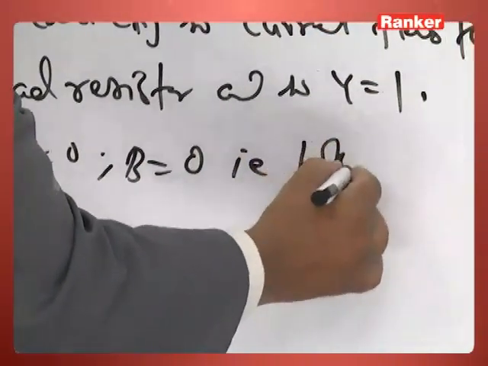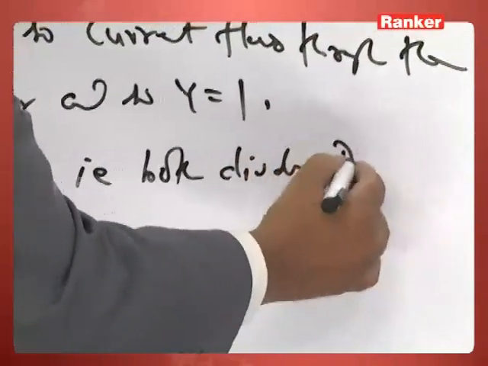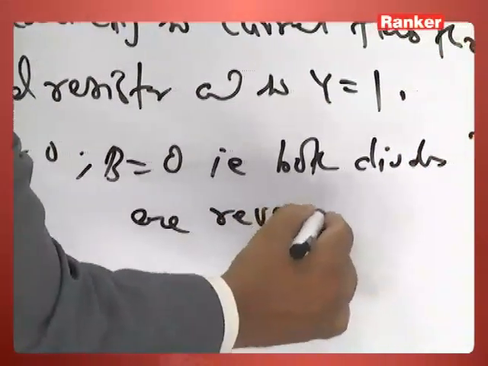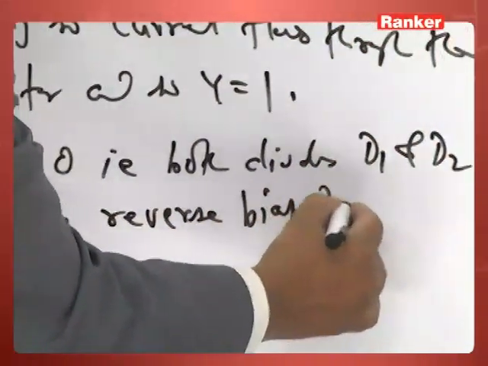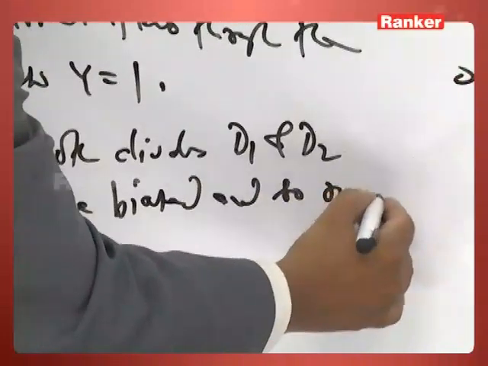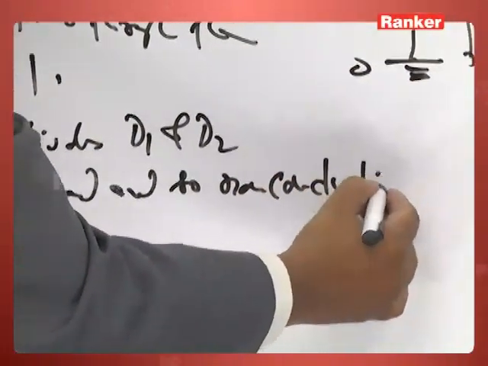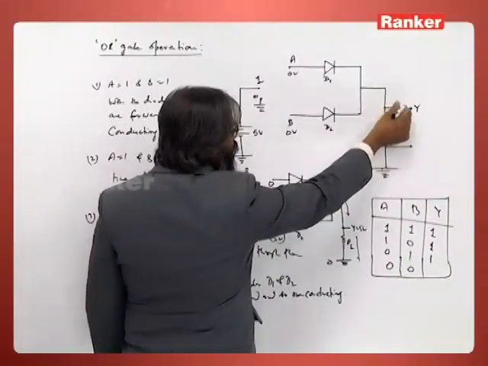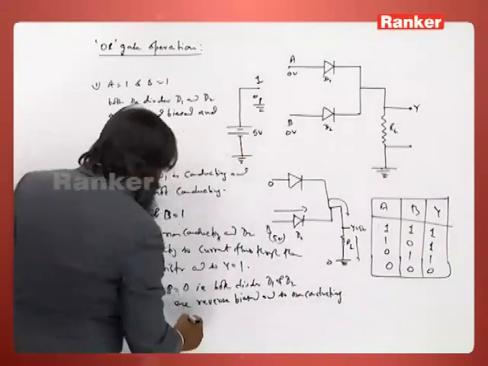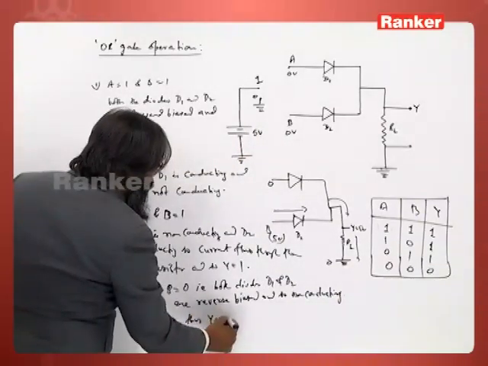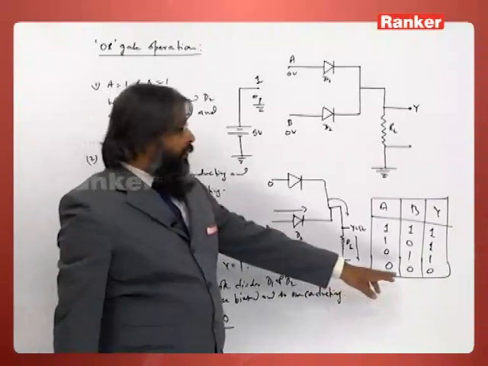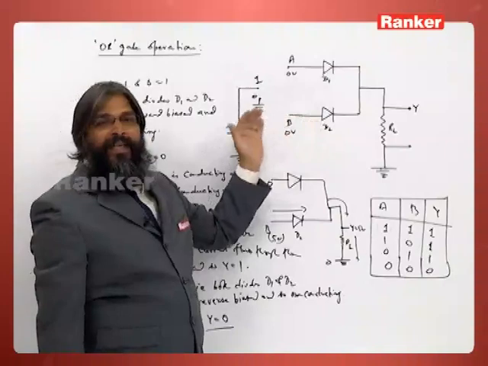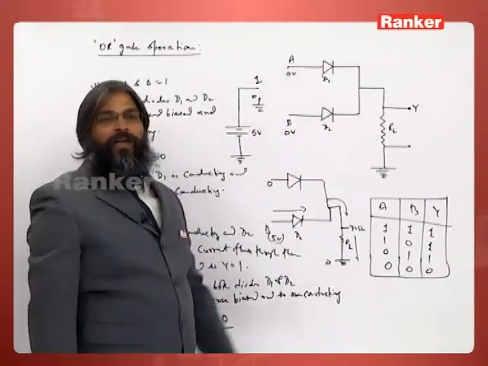Both diodes D1 and D2 are reverse biased and so non-conducting. If they are non-conducting, current does not flow, then this is 0 volts, this is 0 volts, so Y becomes 0. So thus Y is 0. No voltage means 0. So you see, this is how we write the truth table and what is happening in electrical terms in this logical operation.